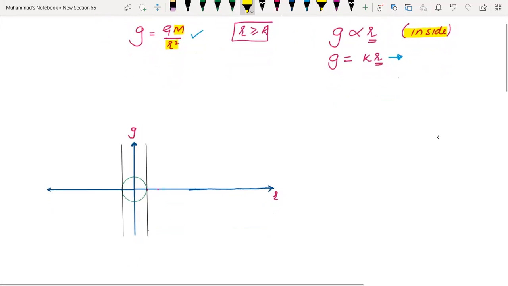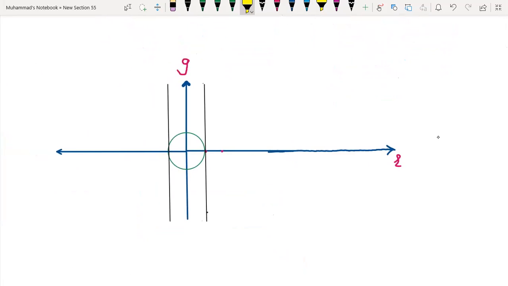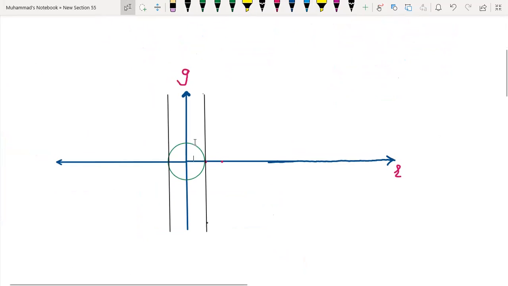So let's draw the gravitational field strength due to this mass. We have this mass m, as you can see from the diagram, and we have to plot the gravitational field strength away from the surface of this planet.